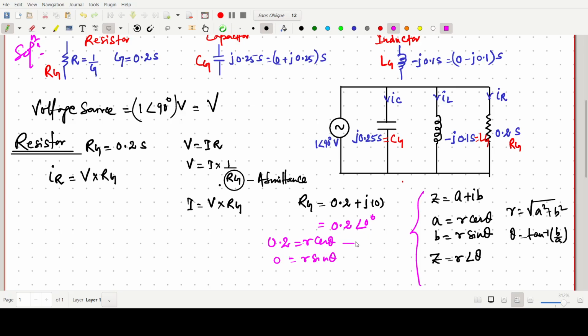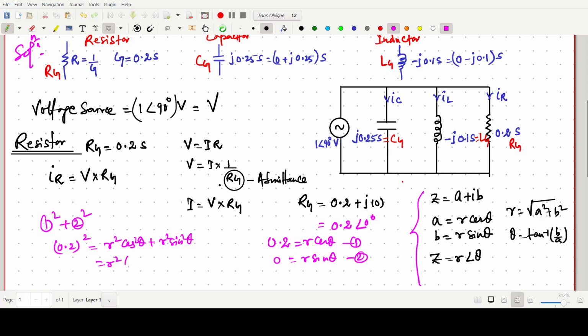Then this is equation 1 and equation 2. Then what I am doing, 1 square plus 2 square, adding both. So we can write 0.2 whole square, I am just showing r square cos square theta plus r square sin square theta.